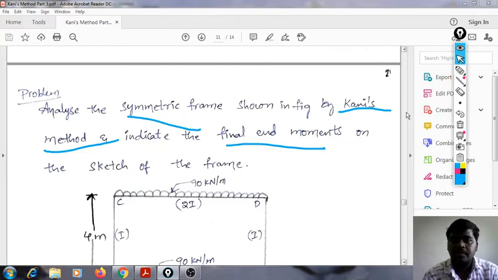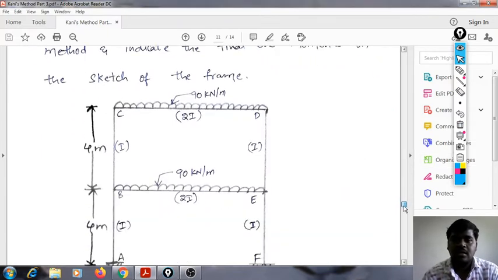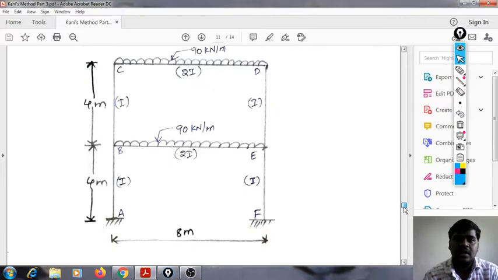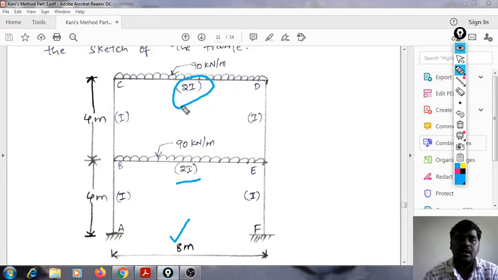So, what we are going to do is study the frame carefully. This is a kind of portal frame. Here we have the span of the frame as 8 meters, with 2I and 2I as the moment of inertia, and A, B, C, D, E, F are the joints of the frame.